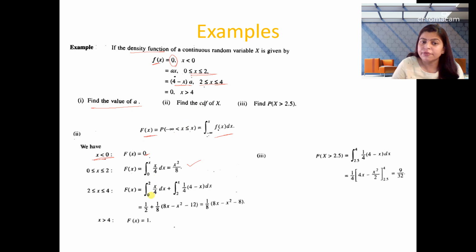So here we will start from the lower limit to the last point. Okay, so here we have added this much, and finally at this point it would be 1 directly.